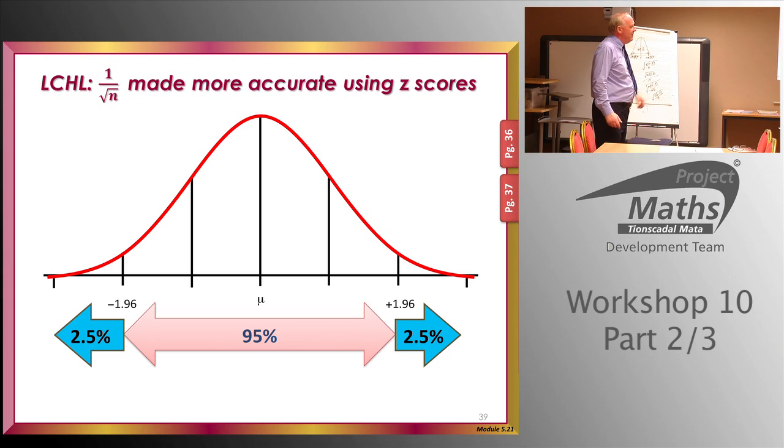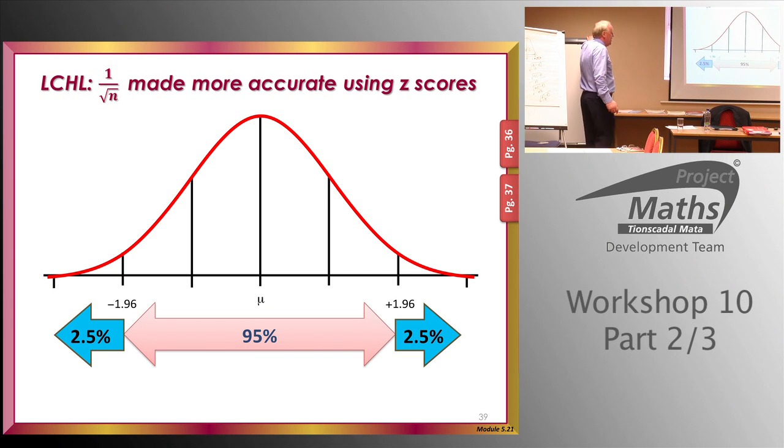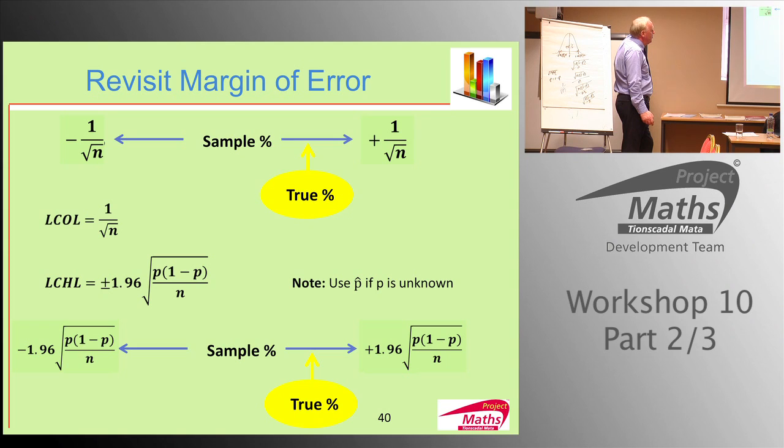Now, for your higher level, you might have to be a little more accurate. So rather than the 1 over root n, we might have to build limits around plus or minus 1.96 times the margin of error. So that's your ordinary level, and basically the one I had written on the board there: 1.96 times the square root of p(1-p) over n, plus or minus that.